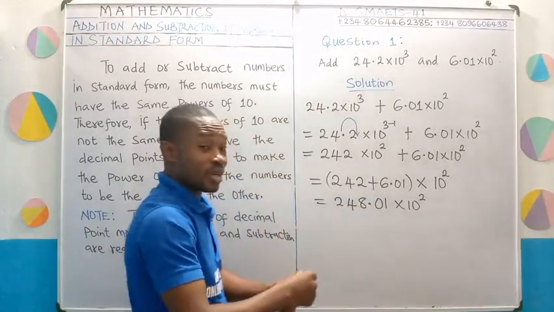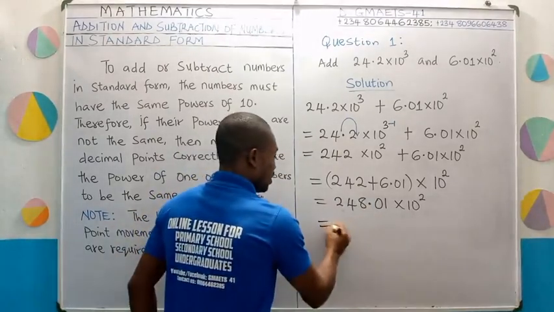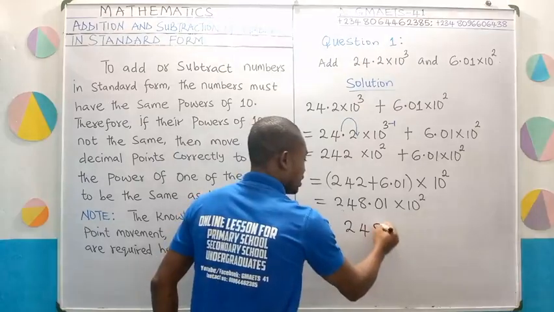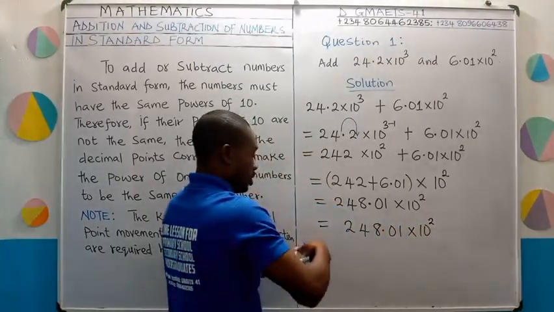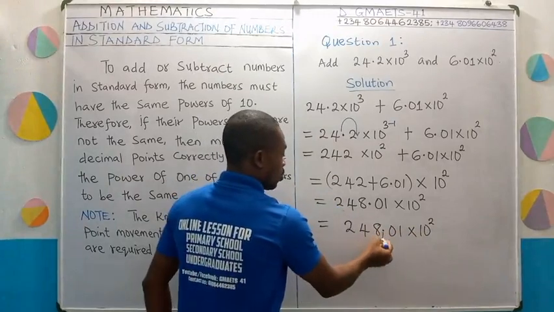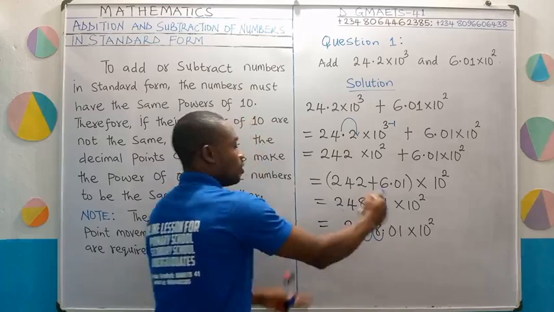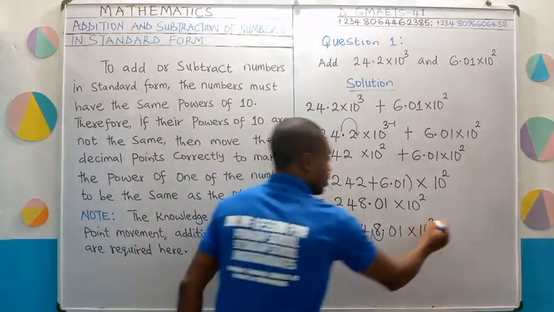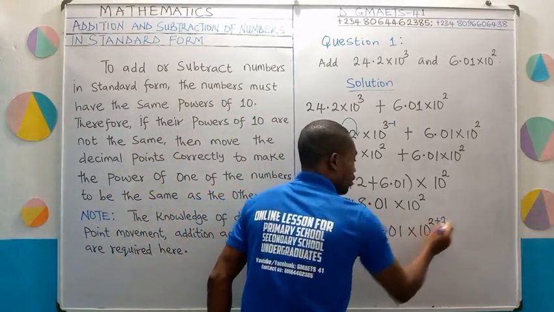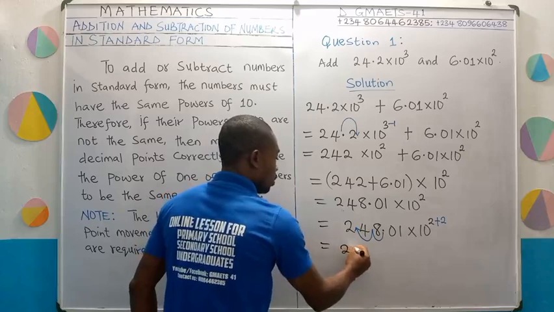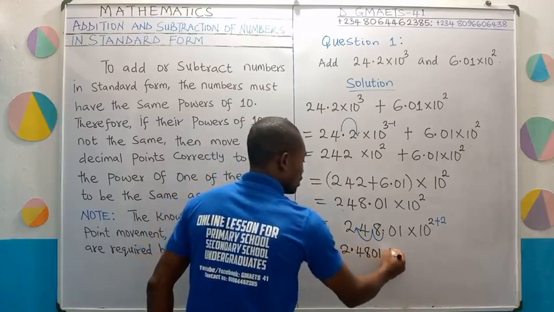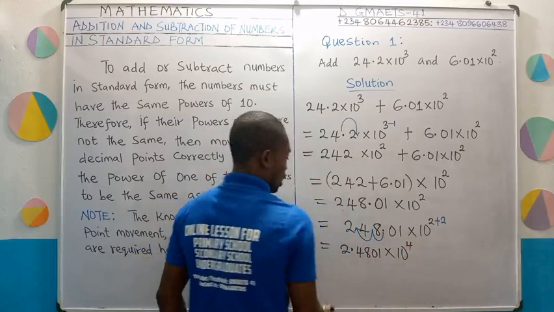In other questions, I won't take my time to show you all of these. 248.01 times 10 raised to power 2. Then from here, I'll move the point 1 and 2. Because I moved it 2 times to the left, I'll come and add 2 to the power of 10 here. So this becomes 2.4801 times 10 raised to power 4.